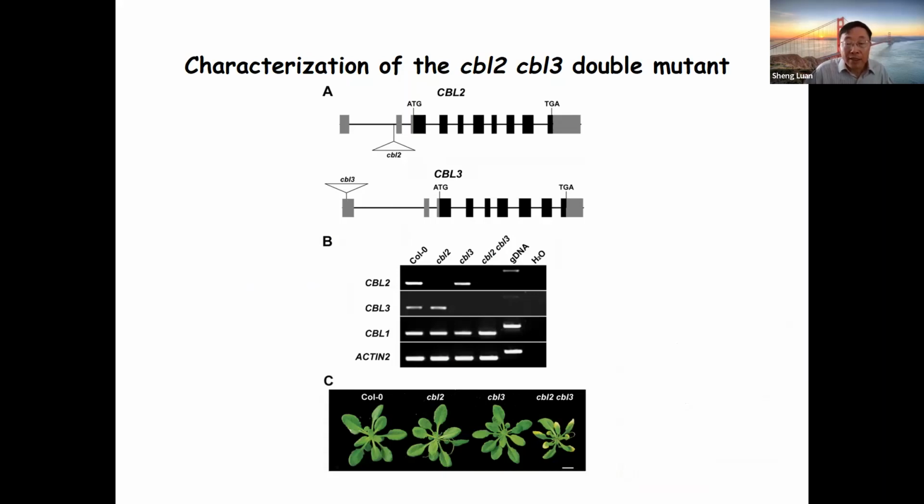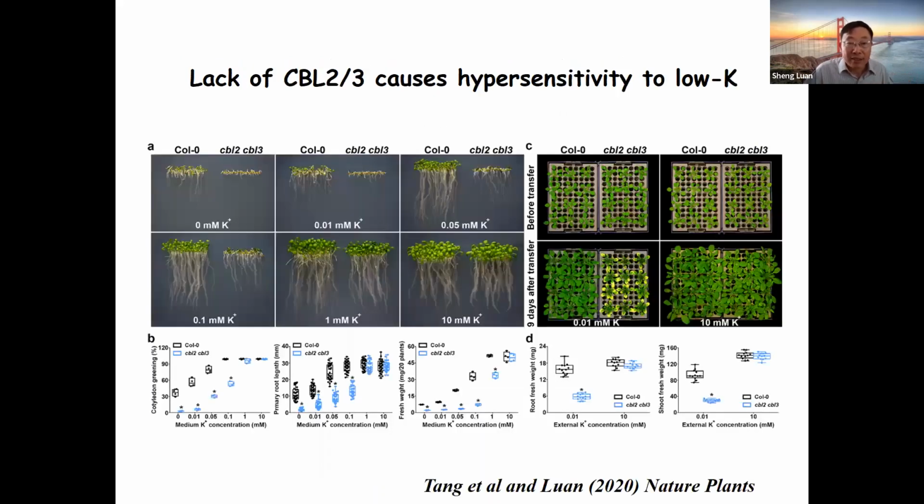Now, is this phenotype related to potassium remobilization from the vacuole, as CBL2 and 3 are targeted to the vacuole? In the context of potassium, I want to show you two assays. How does potassium remobilization from the vacuole function in plant growth?